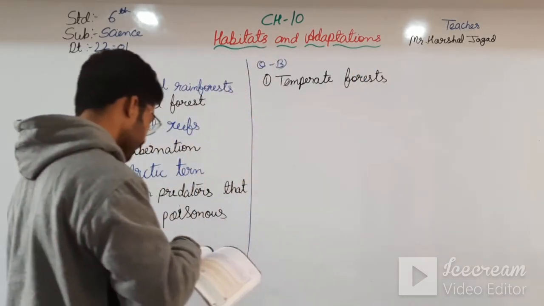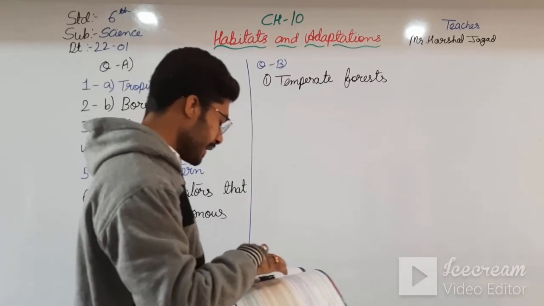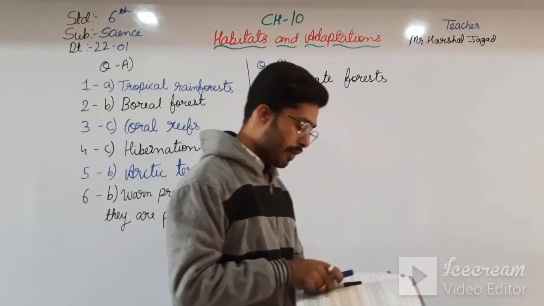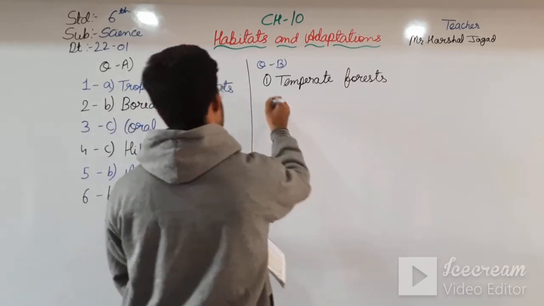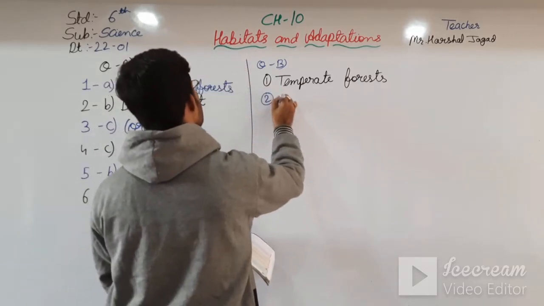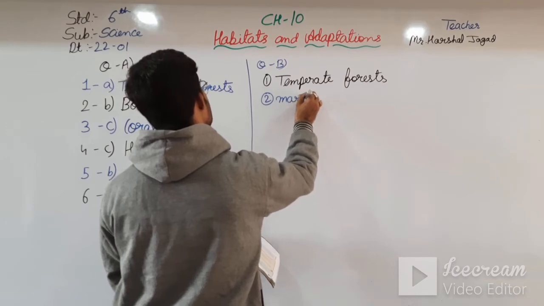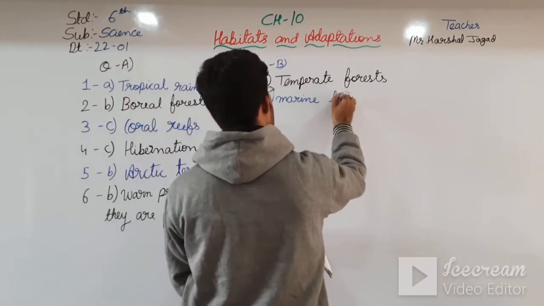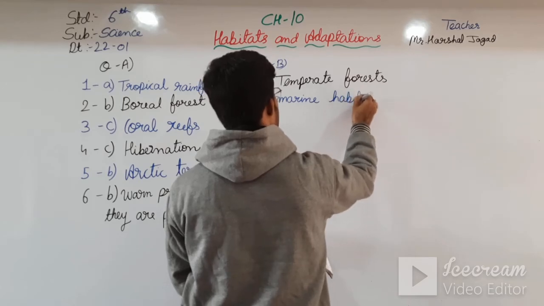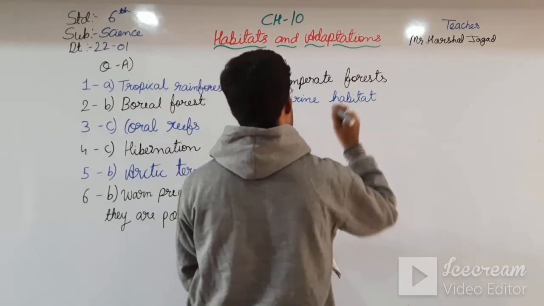Second one, the dash habitat consists of salt water bodies on the earth, that is marine habitat. Okay.